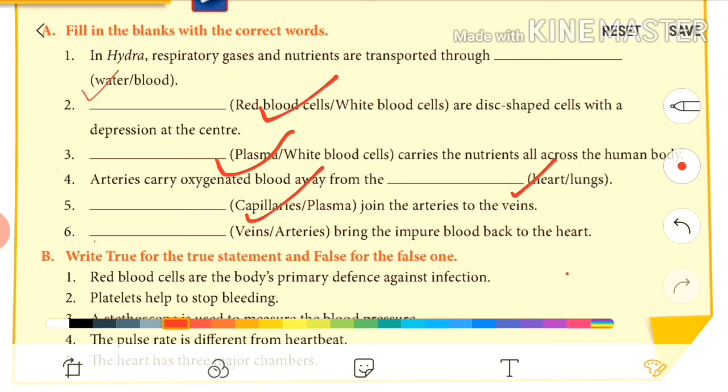Now sixth one, it brings the impure blood back to the heart, so it is veins.